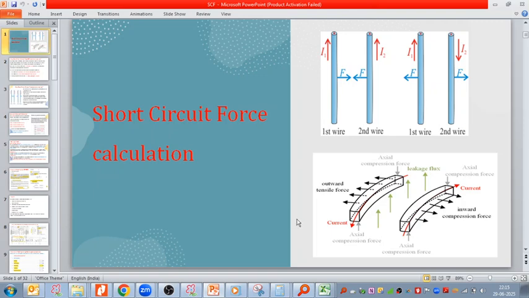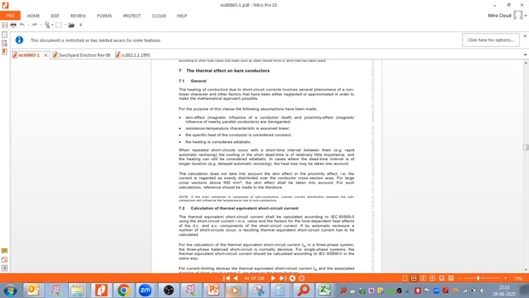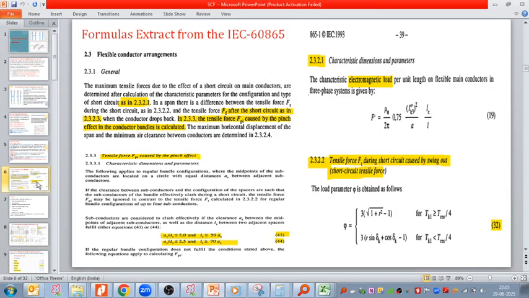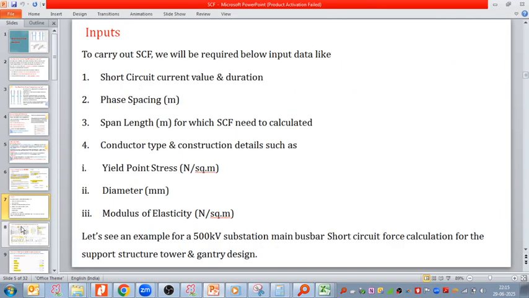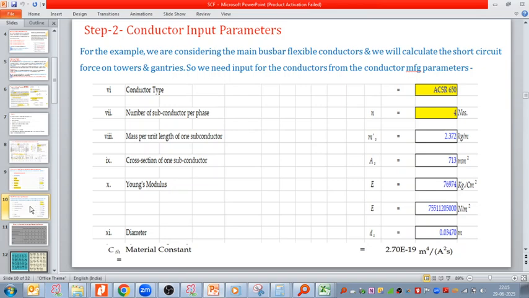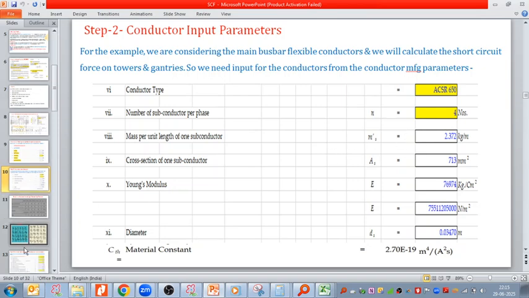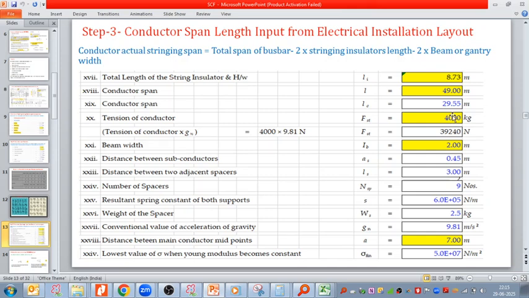Sir, actually, I'll tell you two things we discussed today with respect to the approach. The first thing, in my calculation, let me go back to the input parameters. I'm taking 4000 kg directly over here.